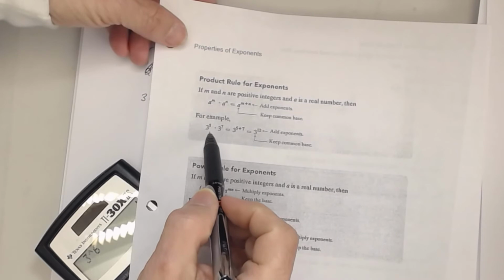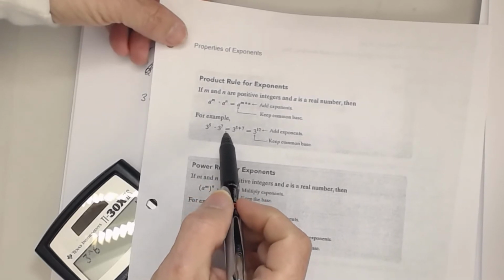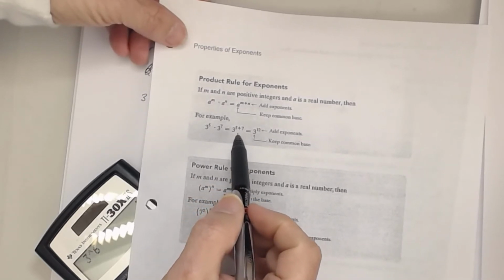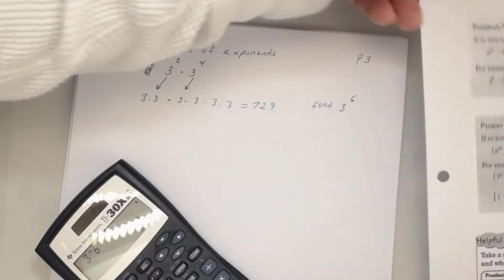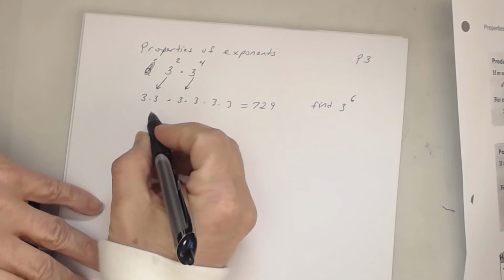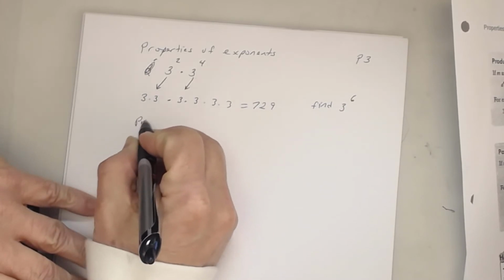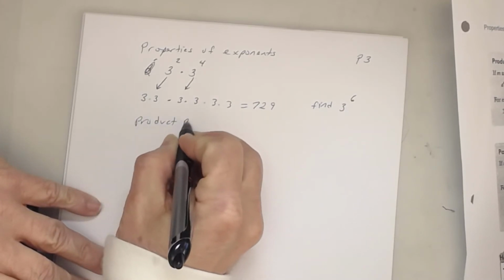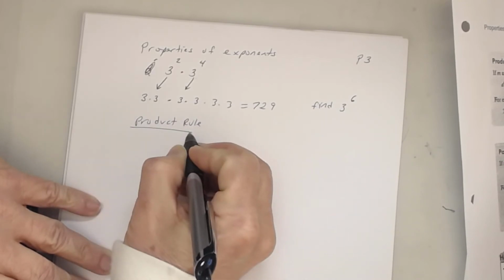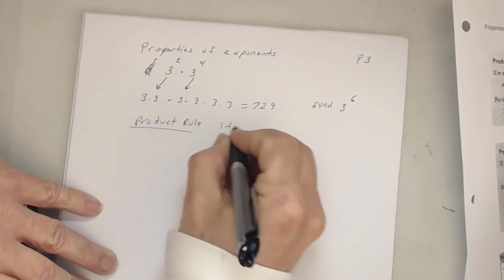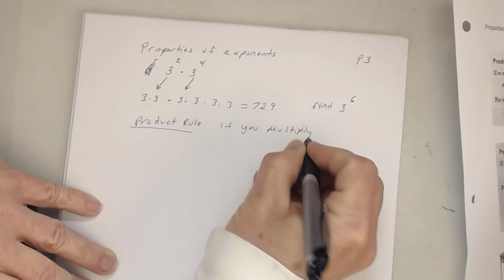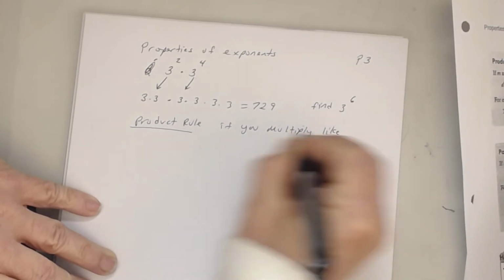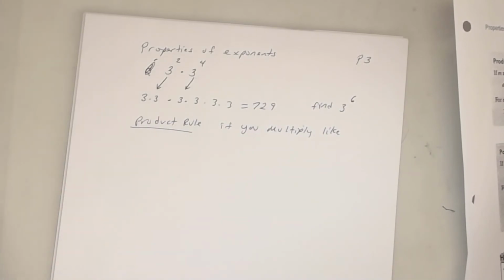So you see where I have 3 to the 5th times 3 to the 7th, that example? Then that's just 3 to the what? 5 plus 7. So in words, the product rule says this. If you multiply like bases, and the product rule only applies if the bases are what?